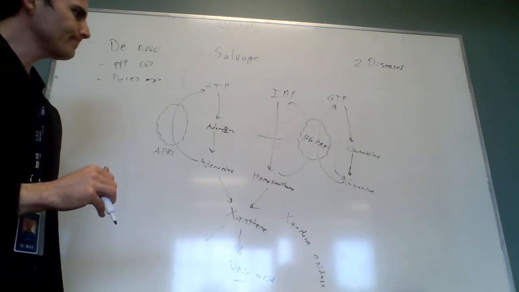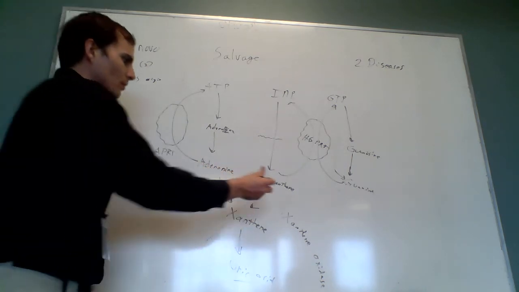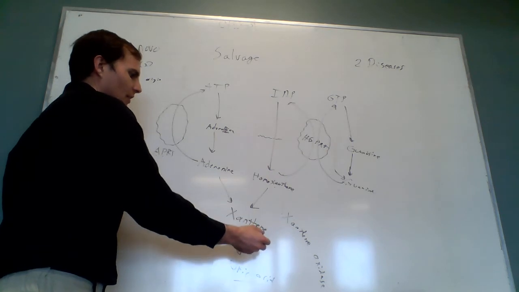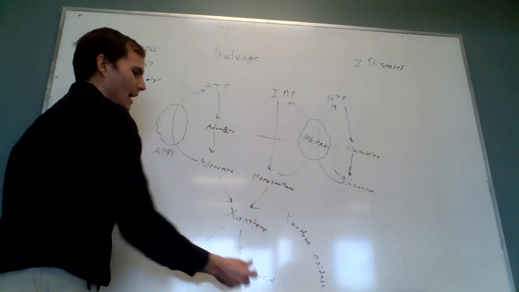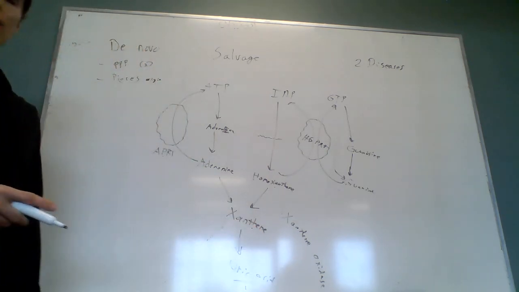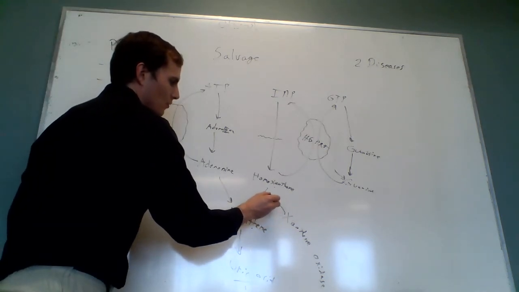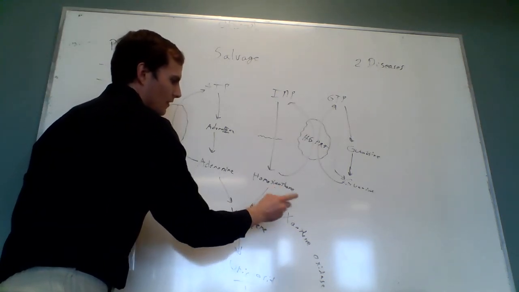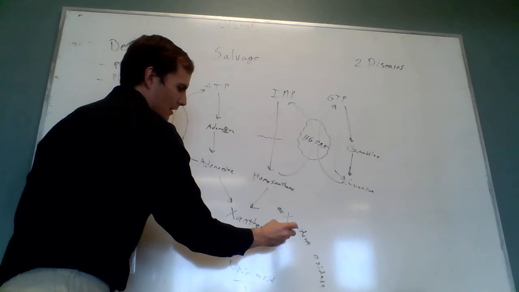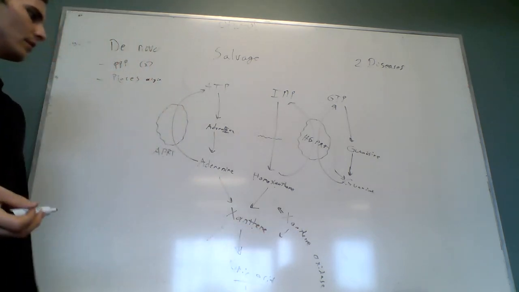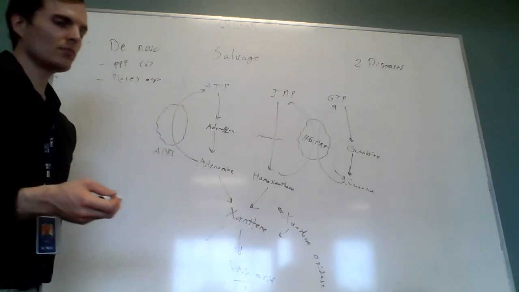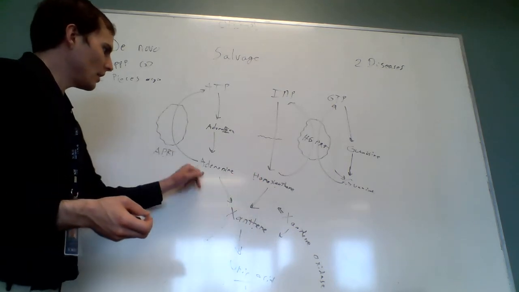So, and then xanthine oxidase is? It breaks hypoxanthine down to xanthine and xanthine down to uric acid. It gets used twice. Xanthine oxidase. So it's acting on that guy and that guy. With the hypoxanthine and the adenine?